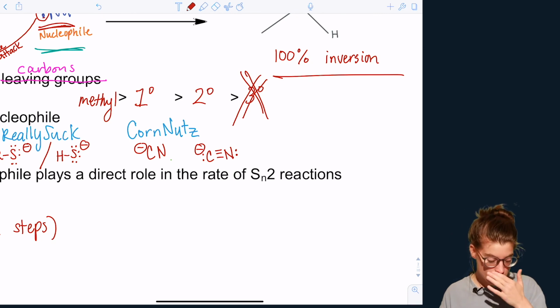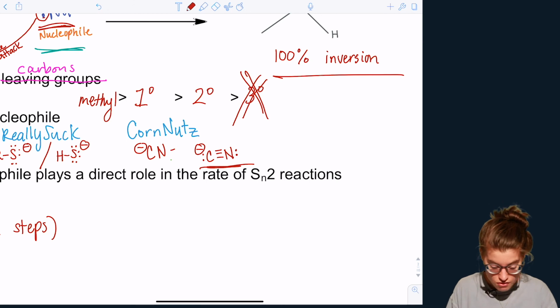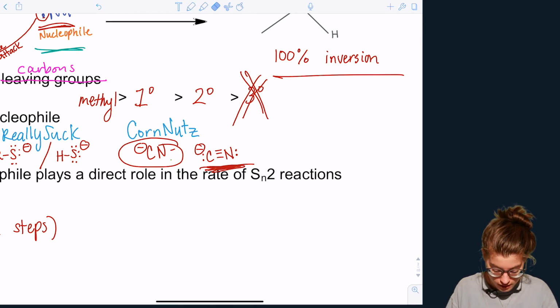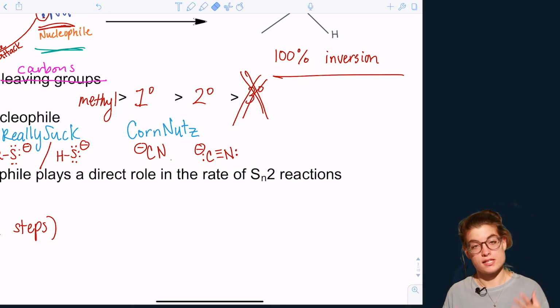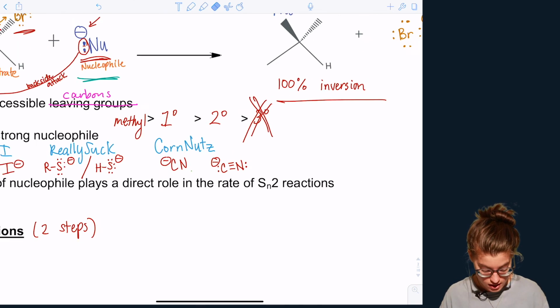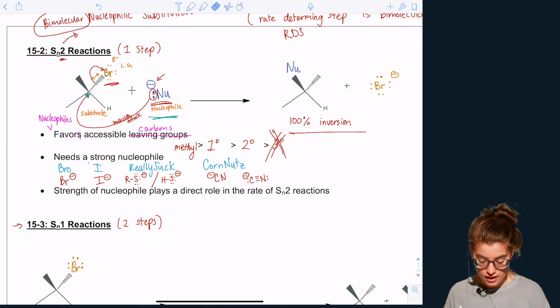So the important part here is to know, first of all, what it looks like, okay? Everybody draws it like this, but you need to know that there's a triple bond there and that it's the carbon that's negative. And since it's the carbon that's negative, it's the carbon that attacks and forms the bond, okay? So, bro, I really suck corn nuts. These are your strong nucleophiles.